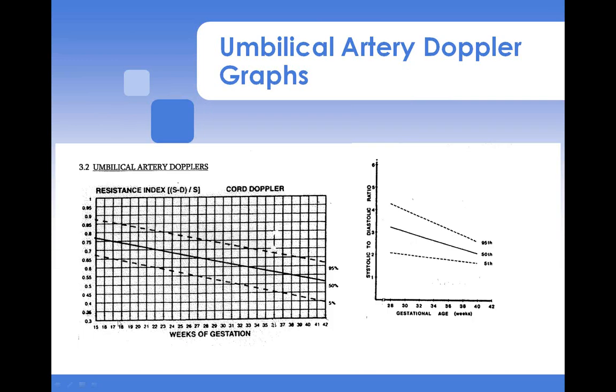Likewise, there are some graphs. This is the resistance index, RI, plotted versus the weeks of gestation. As you can see, further on in gestation, the resistance index drops, much like the S/D ratio.